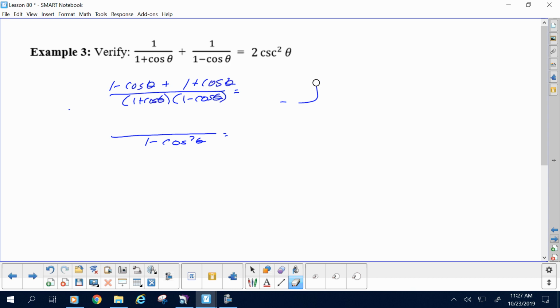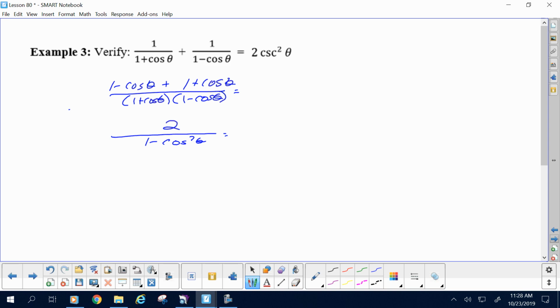So after 2 steps, where does the top come to? 1 plus 1 is 2. The cosines drop away. Okay?